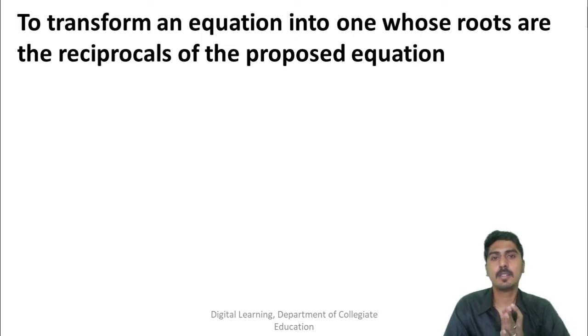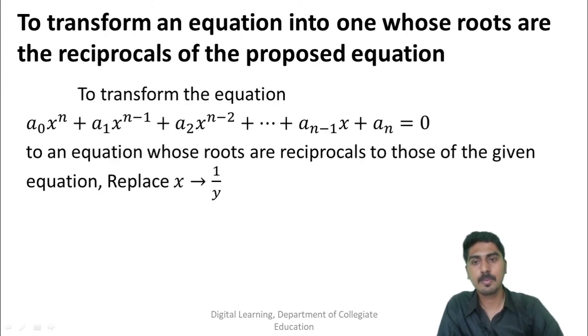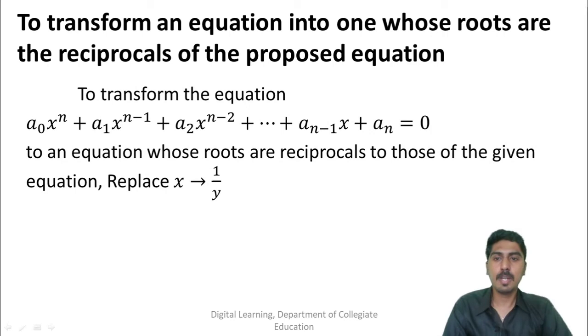Finally, we see how to transform an equation into an equation whose roots are reciprocal of the roots of the proposed equation. To transform a polynomial equation to an equation whose roots are reciprocal of the roots of the given equation, you just replace x by 1 by y.